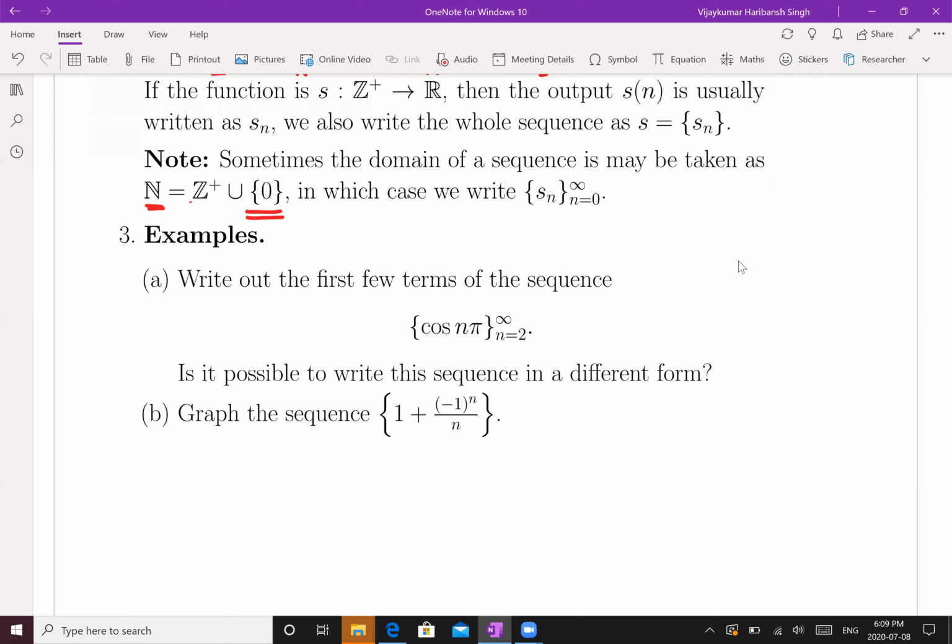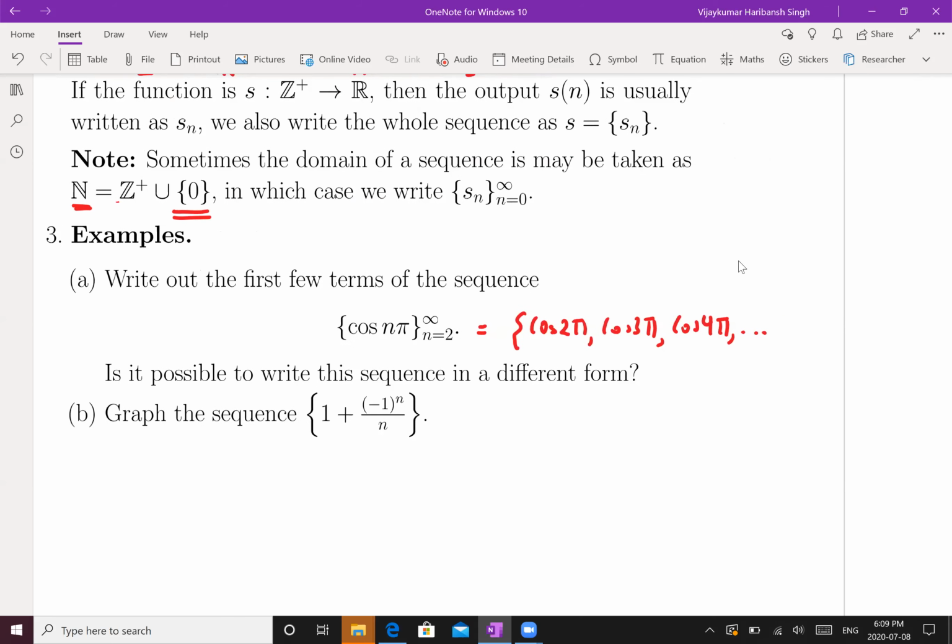The first sequence is cos of n pi, n going from 2 to infinity. Let's write down a few terms. The first term is cos of 2 pi, then cos of 3 pi, then cos of 4 pi, and so on.